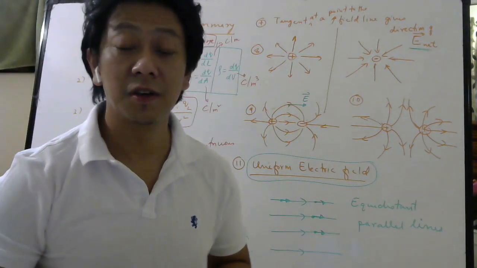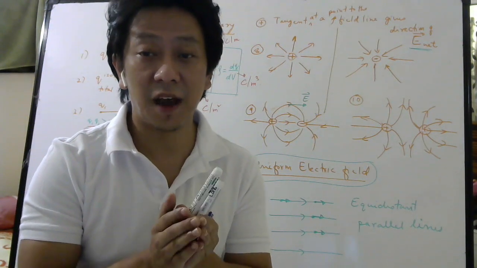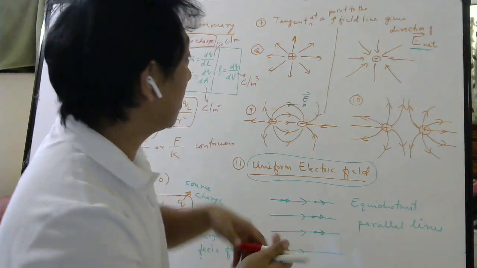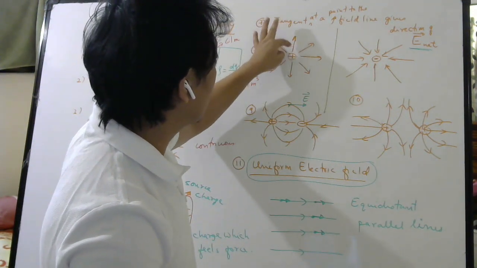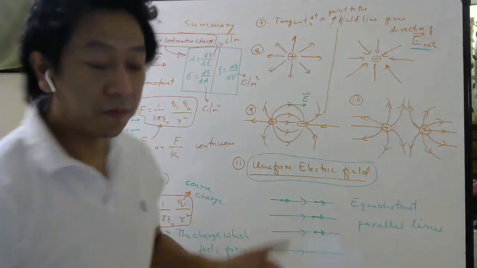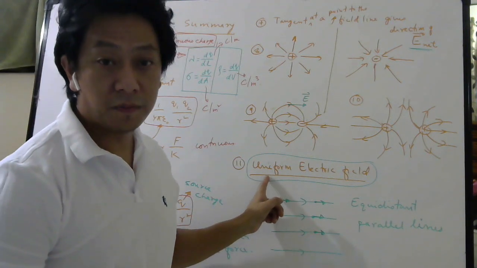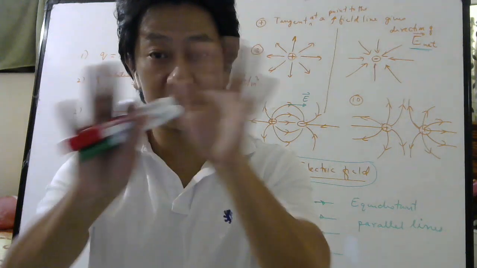What about magnitude? I told you the property of electric field lines is such that if the lines are closer, like here, electric field in this region is stronger than this region, because here electric field lines are closer. But in this case I want uniform. So I don't want electric field to be stronger or weaker. It should be same everywhere.